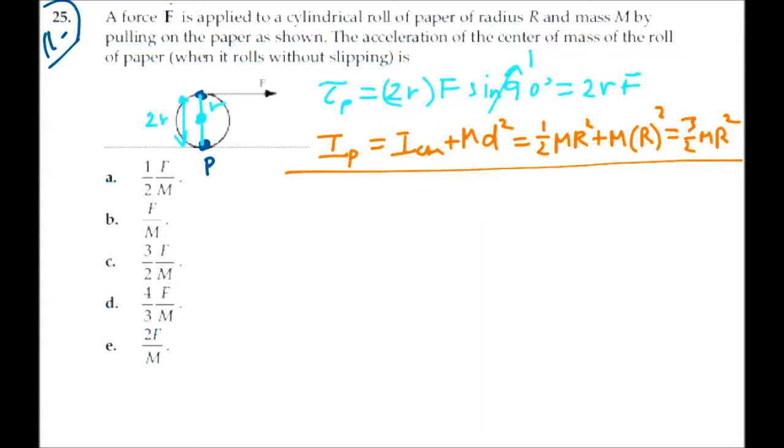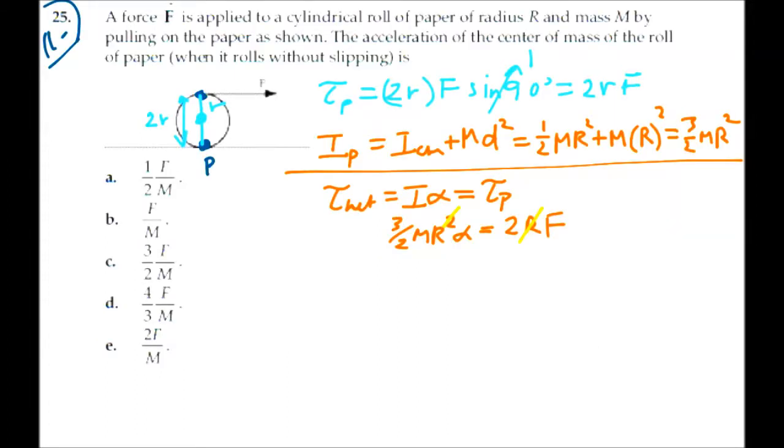And the reason we calculated that is because our net torque, which is the moment of inertia times the angular acceleration, should equal the torque about point P, because that's our only torque. Hence, we have that 3/2 mr squared times the angular acceleration is equal to 2 times r times F, and one of the r's cancels out.